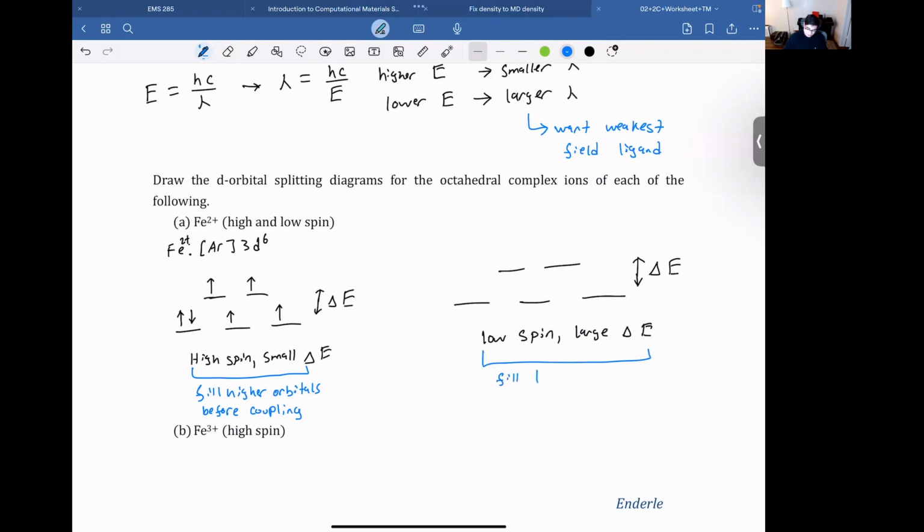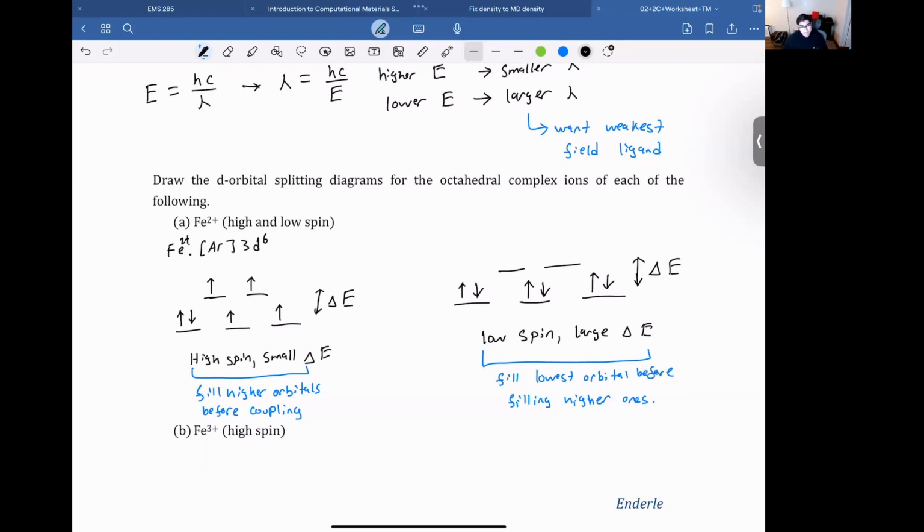You fill the lowest orbital first before filling higher ones. So for this one, you still use your general principle. I think it's called Aufbau's principle, or was it Hund's rule? But you fill the low orbital like that, and then you couple them together. There's 6 electrons. There we go. And then this is done.